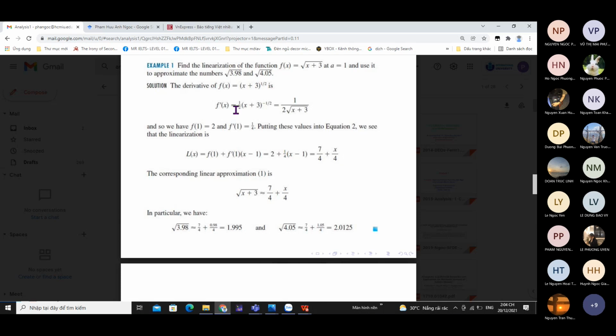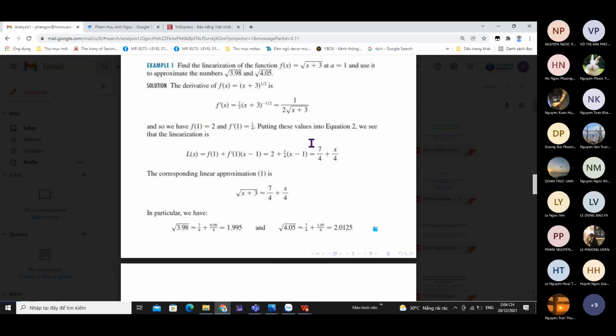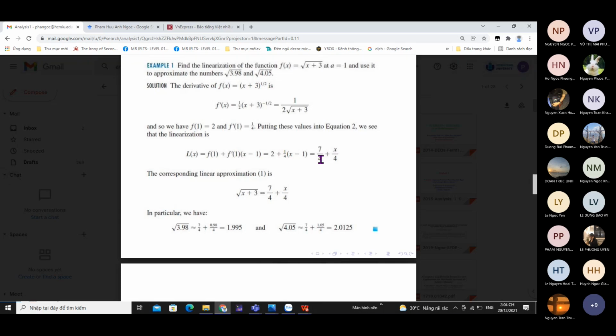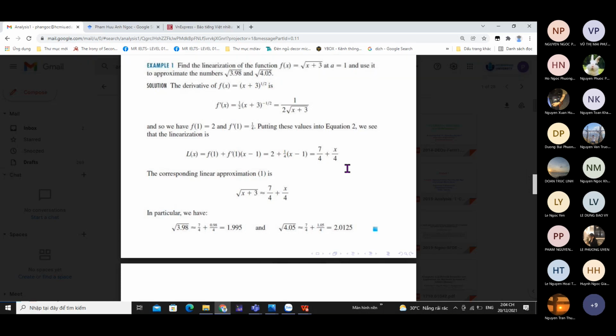And now the function f of x is approximated by the linear function L of x equals x over 4 plus 7 over 4. Here it's just a linear function, meaning a function of the form ax plus b.